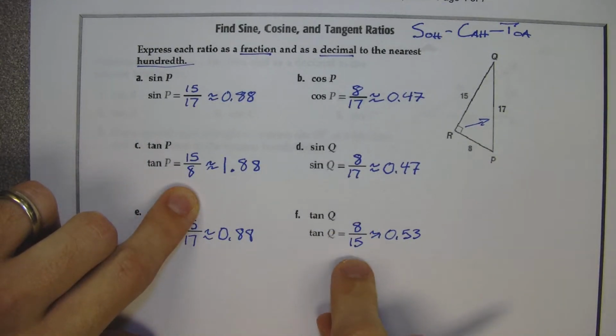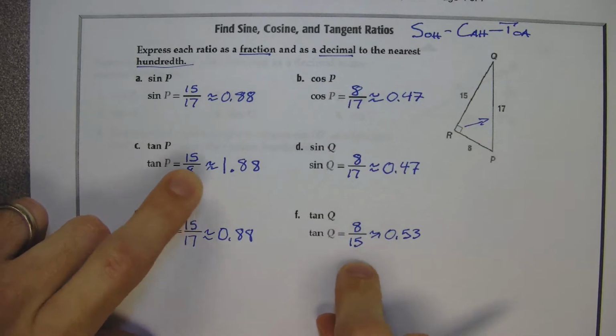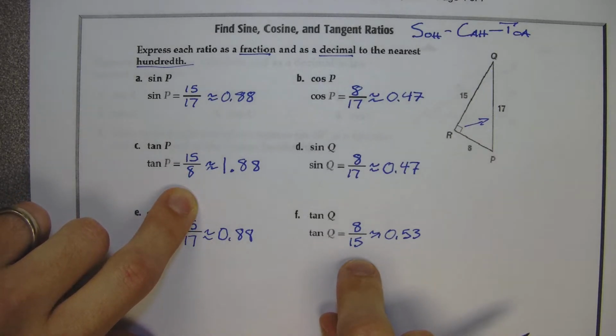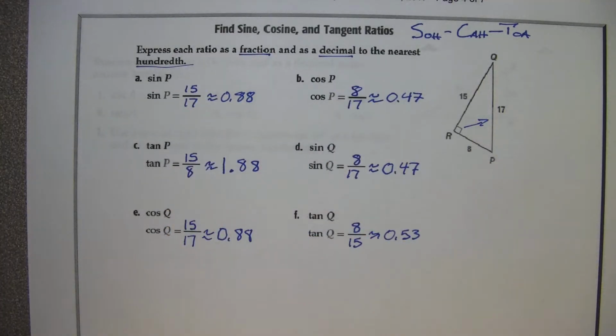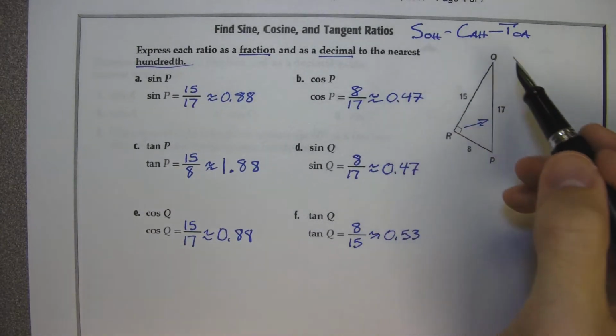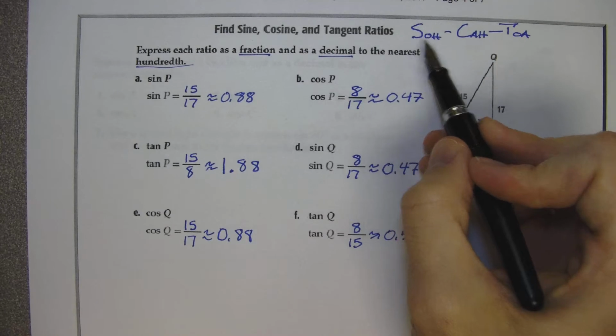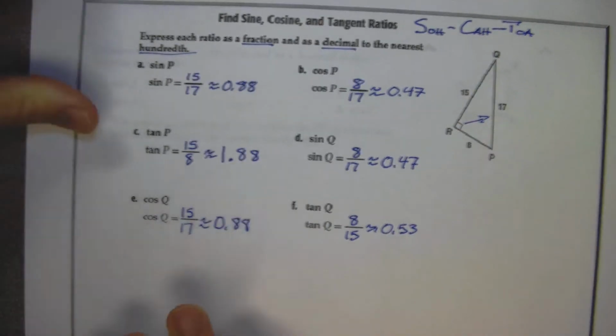Notice the tangent of one appears to be the reciprocal of the other. That's something to keep in mind. All right? So again, that's just how we'll create our ratios. Again, this is just practice on how to do it. And again, if you don't remember whether you need opposite or adjacent or hypotenuse, SOHCAHTOA can help you figure out what your ratios should look like. All right, let's move on.